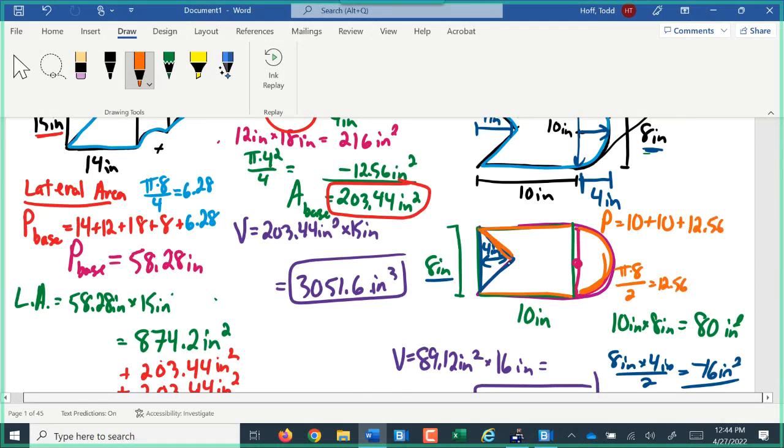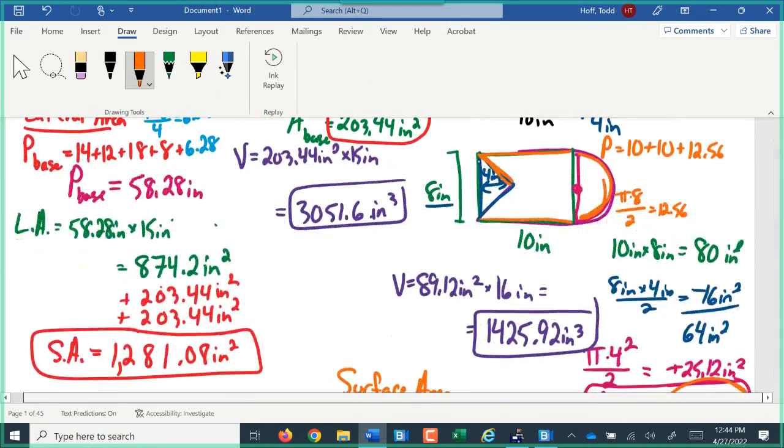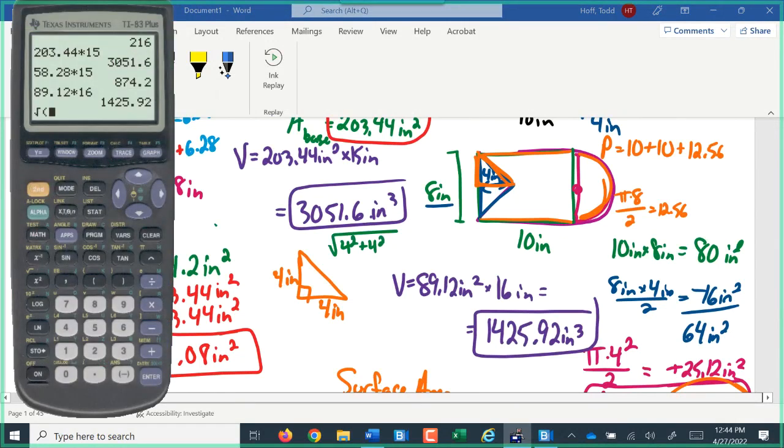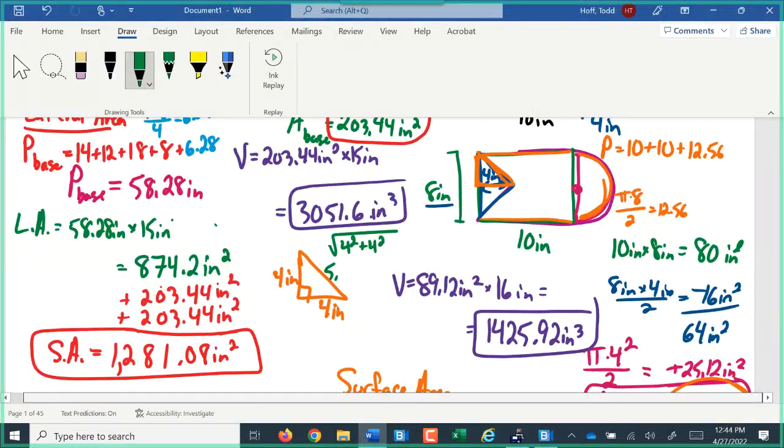I need these pieces. How am I going to find those lengths? Well, I'm going to cut that out there. The right triangle. What's this dimension? 4 inches. What's this dimension here? 4 inches. So that becomes the square root of 4 squared plus 4 squared, giving us 5.66, we're going to call it, inches.